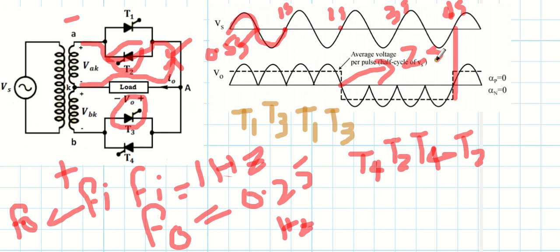So what does it mean? Is the frequency low or high? The frequency of the output is low, because we have an inverse relation between time and frequency. I hope this operation of the step down cycloconverter is clear to you.